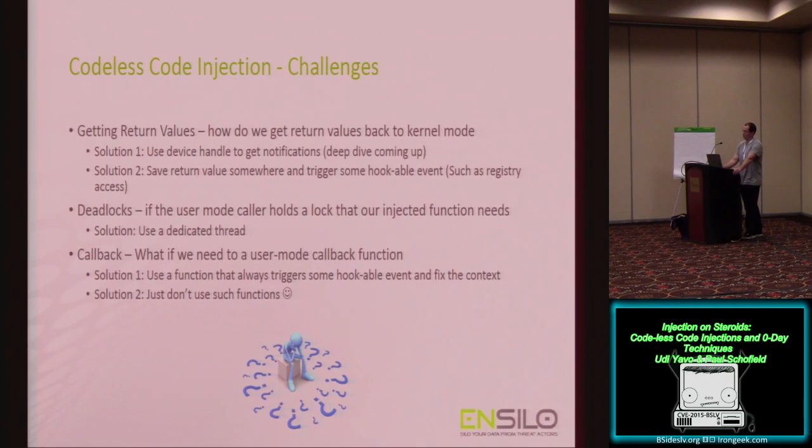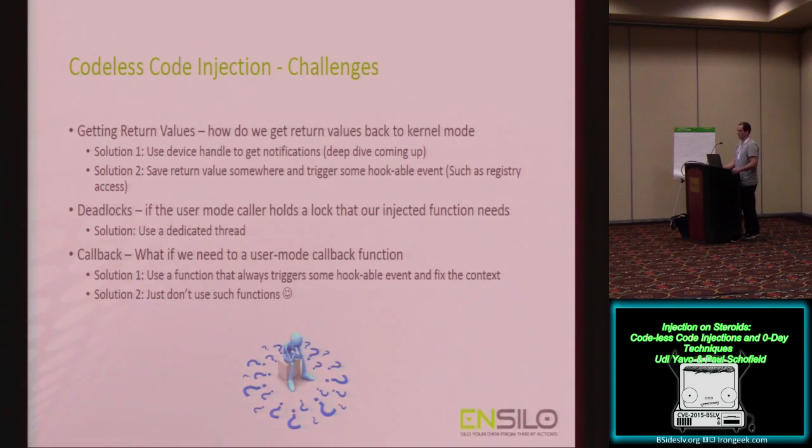But first we have a few challenges we have to solve in order to make this work. First, we need to be able to get return values back to kernel mode, so we are able to react to things that happen in user space. The first solution, which I'll dive into later, is to use the device handle in order to get notifications.